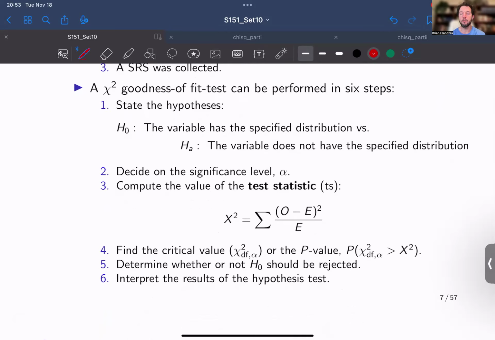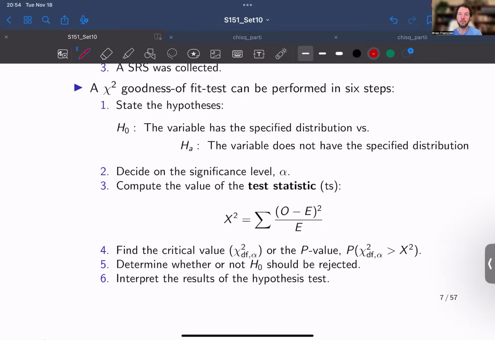Now, for the hypotheses, we have a stock null and alternative that don't really change for any of the given problems. So one of the things that you can do when you're learning this test for the first time is just repeat these hypotheses, and they are general statements that are always what this test covers. In the examples that I show, I will tailor these a little bit to what we're actually talking about, but the general statement is the variable follows the specified distribution.